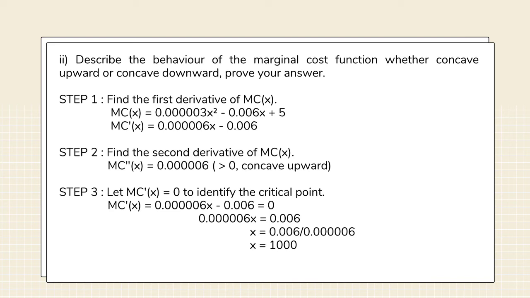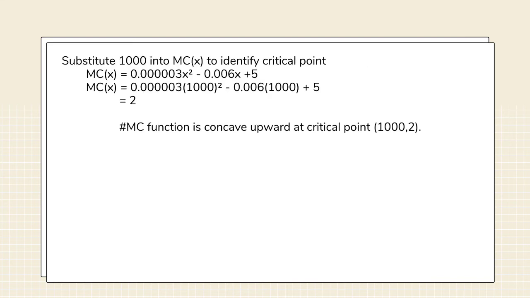Next, we have to let MC prime x equal 0 to identify the critical point and the value of x is 1000. Lastly, we must substitute it into the MC(x) function to identify the other critical point. So we can conclude that the MC function forms concave upward at critical point (1000, 2).